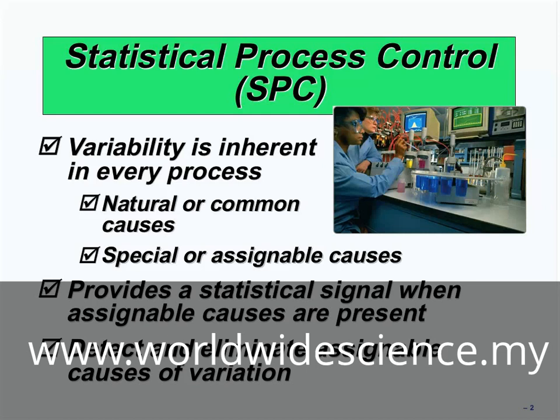So, in order to monitor the process, the variability can be divided into two categories: natural or common causes, and special or assignable causes, as you see on the screen.